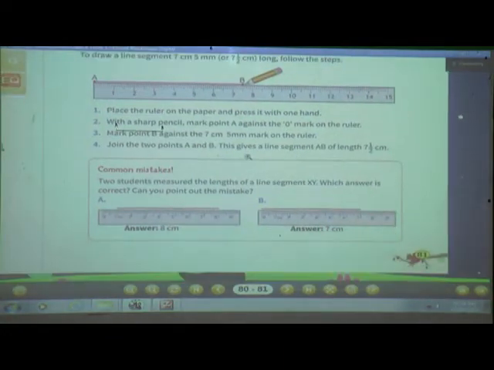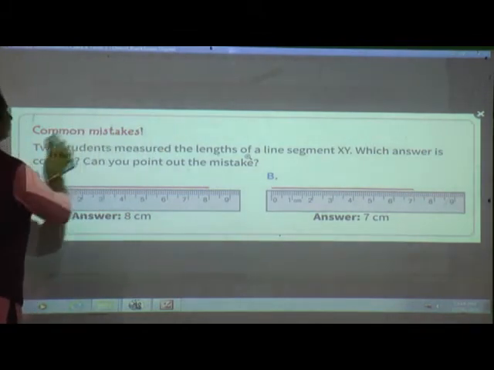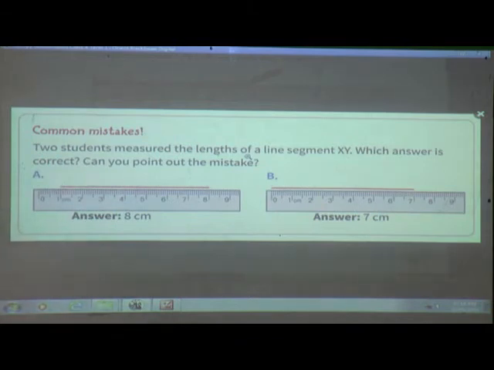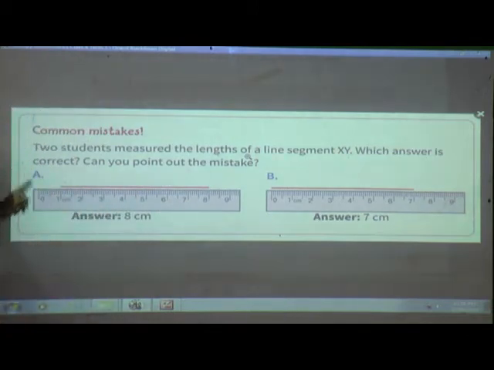Now, while drawing a line segment, what mistake do you commit? Just observe here. Two students measure the length of line segment XY. Which answer is correct? Can you point out the mistake? See, now here, first student, what have you done?